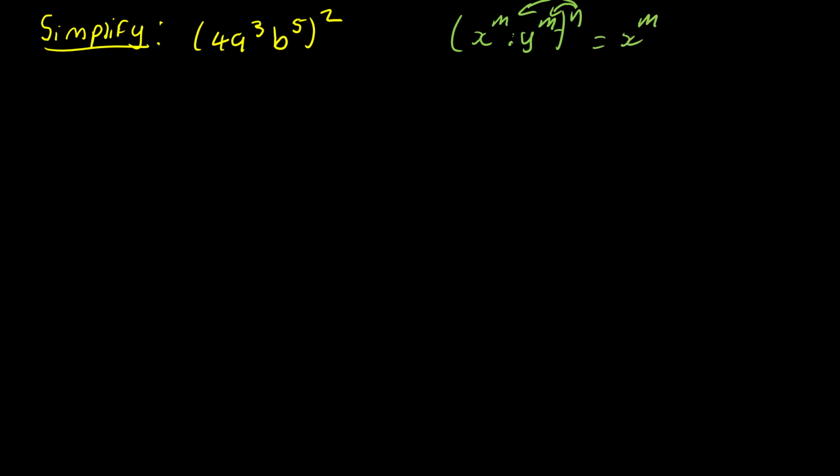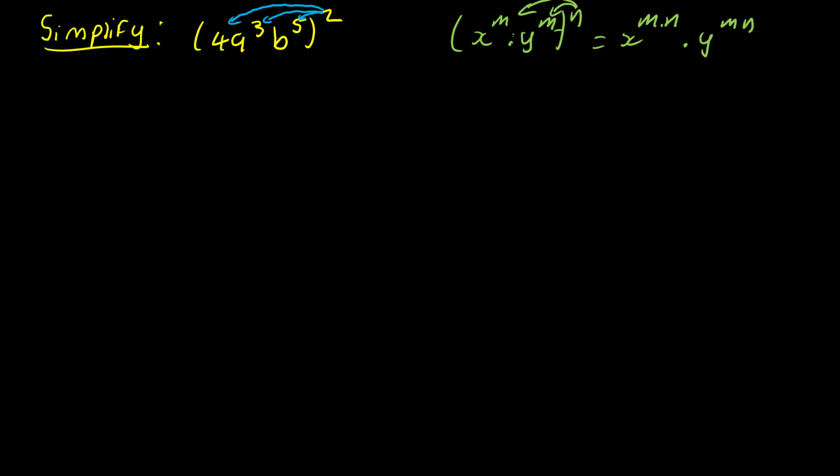So this becomes x to the power of m times n, times y to the power of m times n. And remember, this only works if everything in the brackets is multiplied or divided, not added or subtracted. Now, taking a look at this example that I have here, it is 100% fine to take this exponent and multiply it with all of the exponents on the inside.